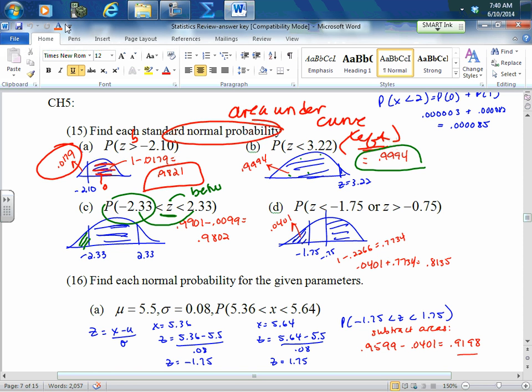When you look up positive 2.33, you get all this area. So do you see where your overlap is? Your overlap is right there. You want the one left in the middle. So therefore, if you subtract this guy out of there, you will be left with what's in the middle. So you subtract your areas, not your z-scores.